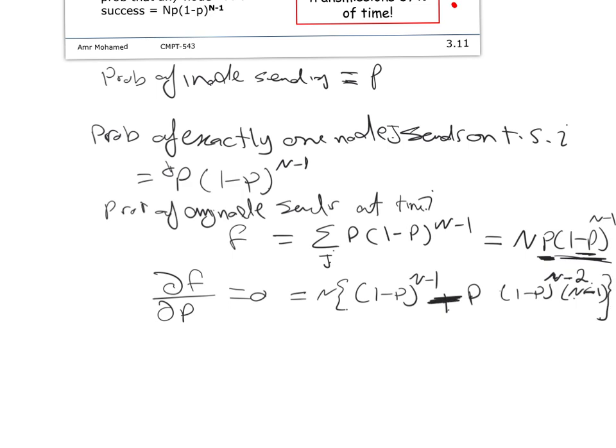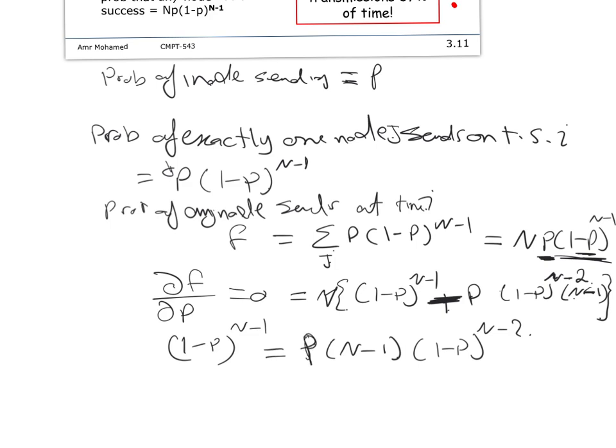Okay? So this is equal to 0, which means that I have (1 - P)^(n-1) equals P multiplied by (n - 1) multiplied by (1 - P)^(n-2). Okay?